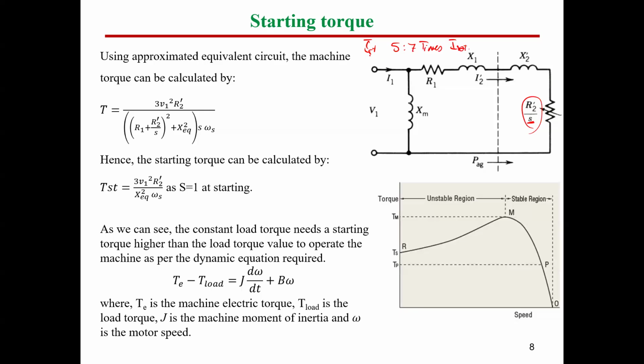So if you have a motor, for instance, of 100 ampere, you can expect that the starting current can be from 500 to 700 amperes. It's a very huge value, okay? Why? Because at starting S equals 1, and physically at starting, you need to move the inertia of the motor.